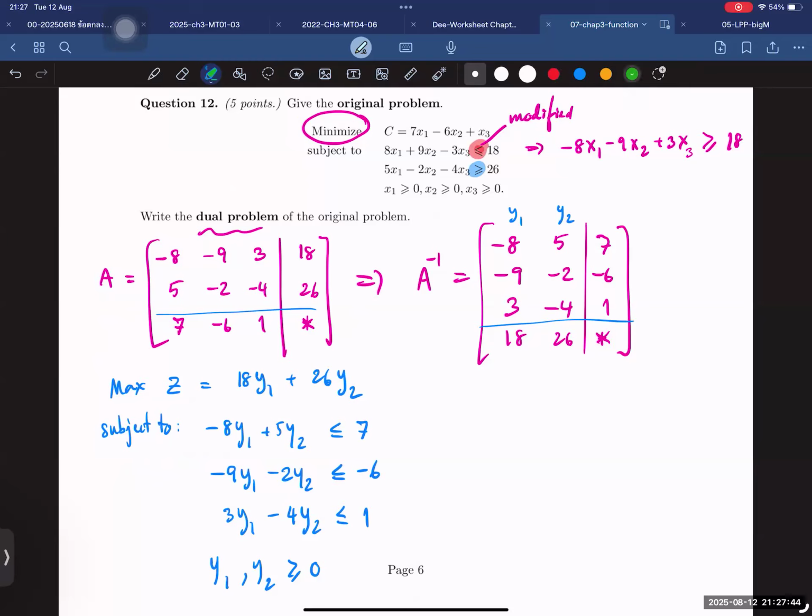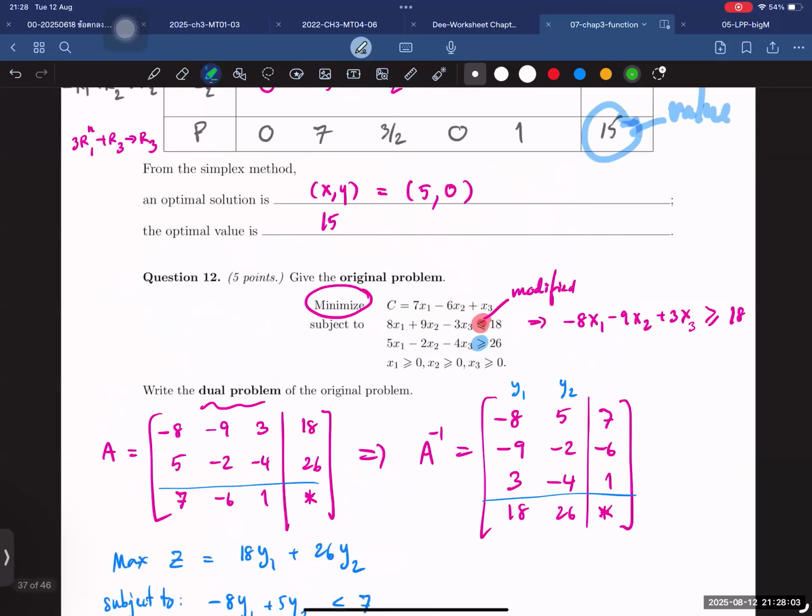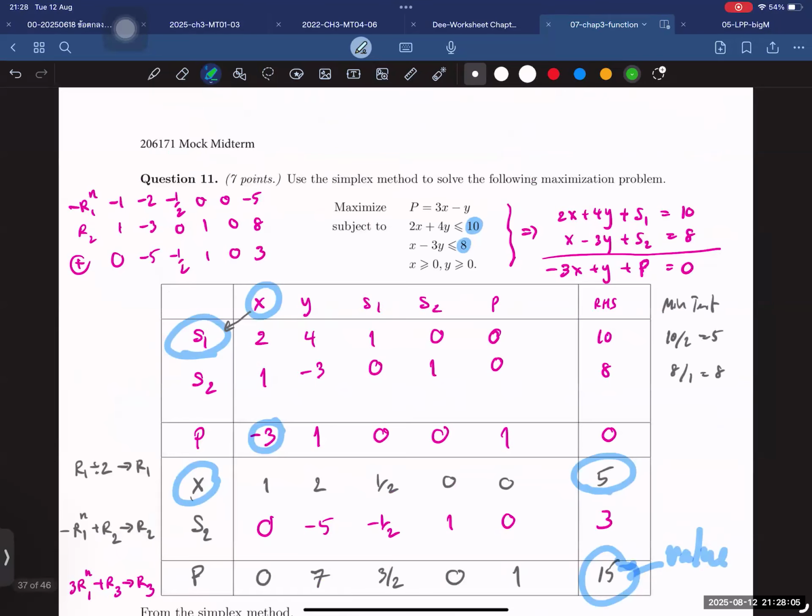But in this problem you cannot apply the simplex directly because we got a -6 here. The problem doesn't ask you to solve it, so that's fine. Notice that in this case simplex doesn't work, because for simplex the right-hand side should be positive.